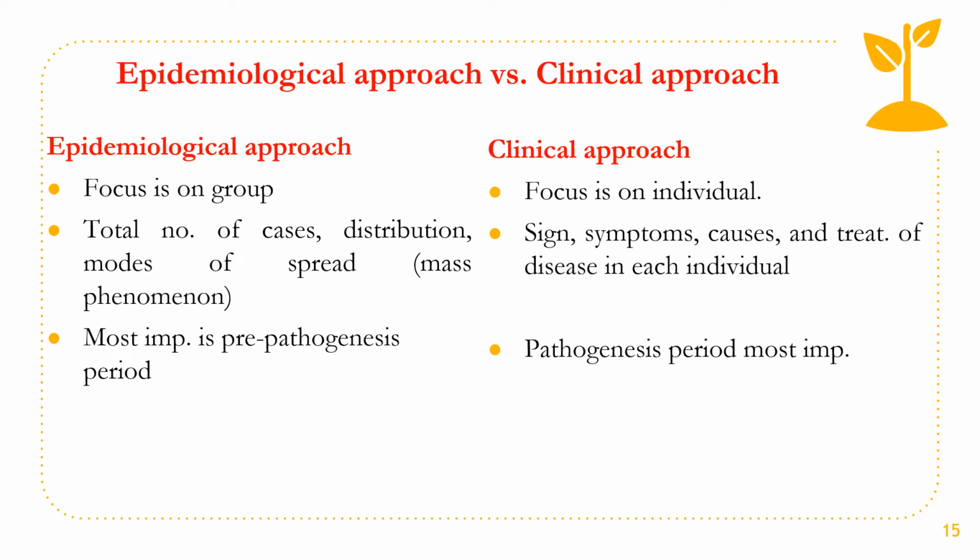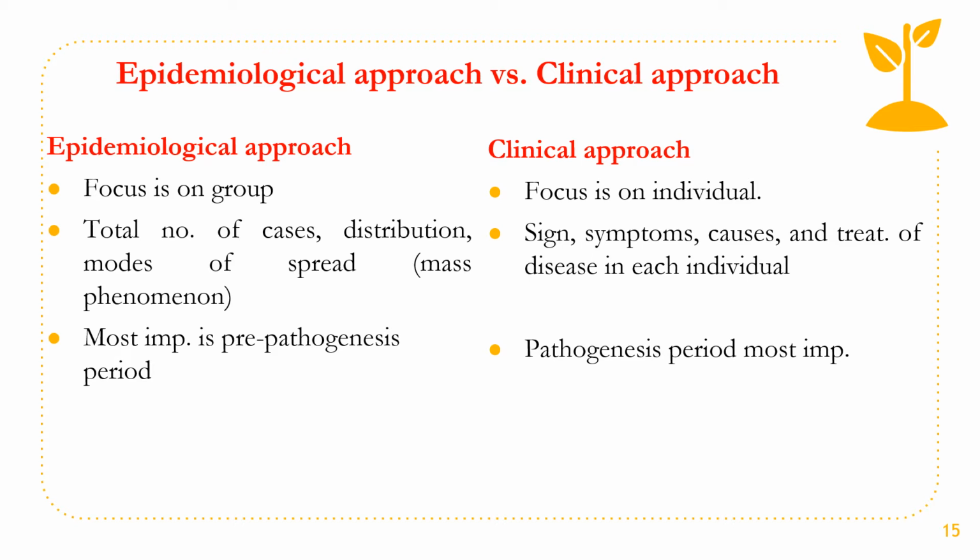In the epidemiological approach, the most important is the pre-pathogenesis period. For example, in COVID-19, the pre-pathogenesis period is about 5 days, then the fever will start, then the respiratory attacks, and so on. If you want to prevent the disease, you have to know the pre-pathogenesis. Most of the time you can prevent the hazardous effect of any disease in the pre-pathogenesis stage.